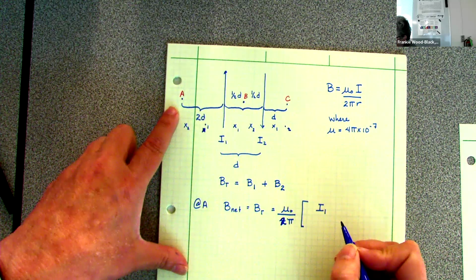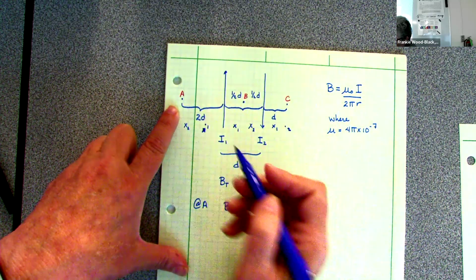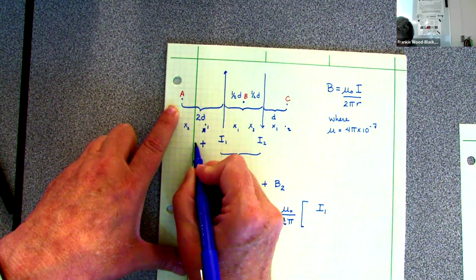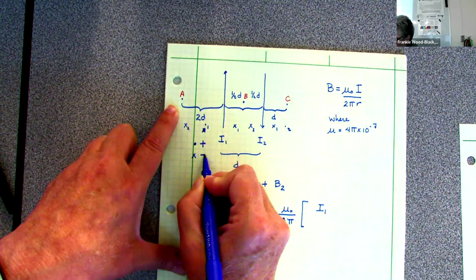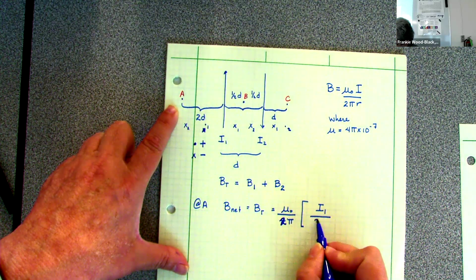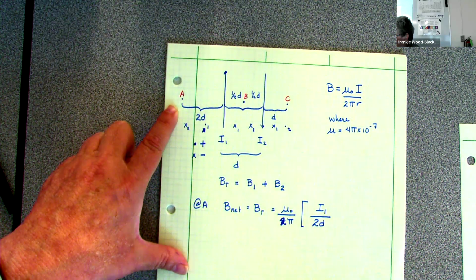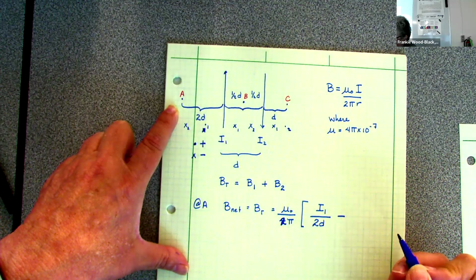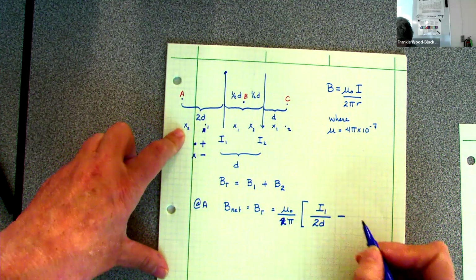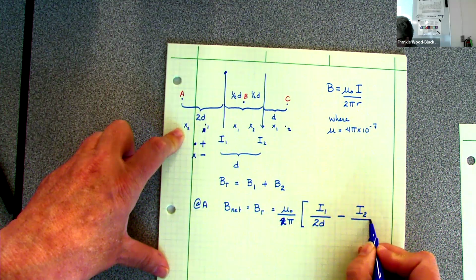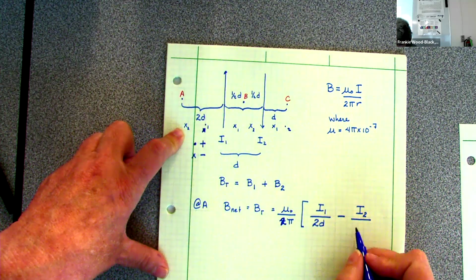Now I'm at A. Current 1, we're going to call out of the paper positive, into the paper negative. And so current 1 is 2d away. Current 2 is into the paper, and we are 3d away.